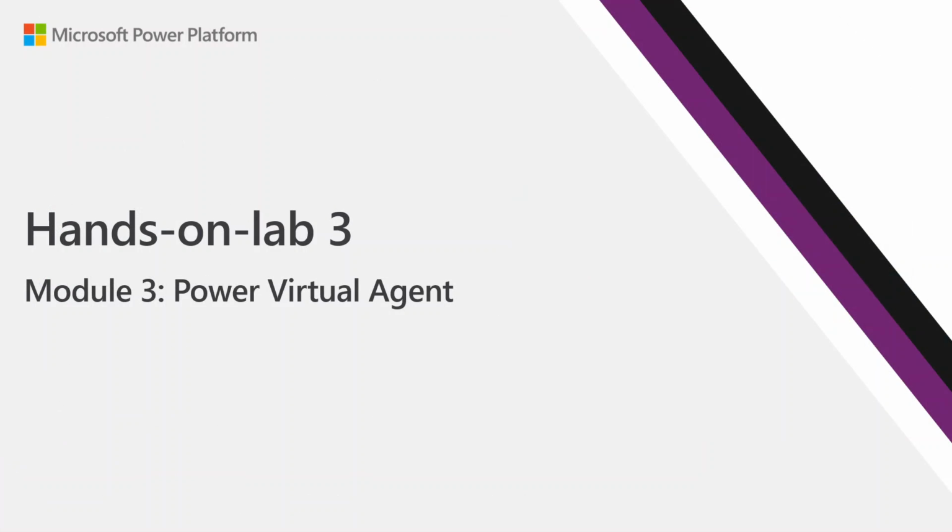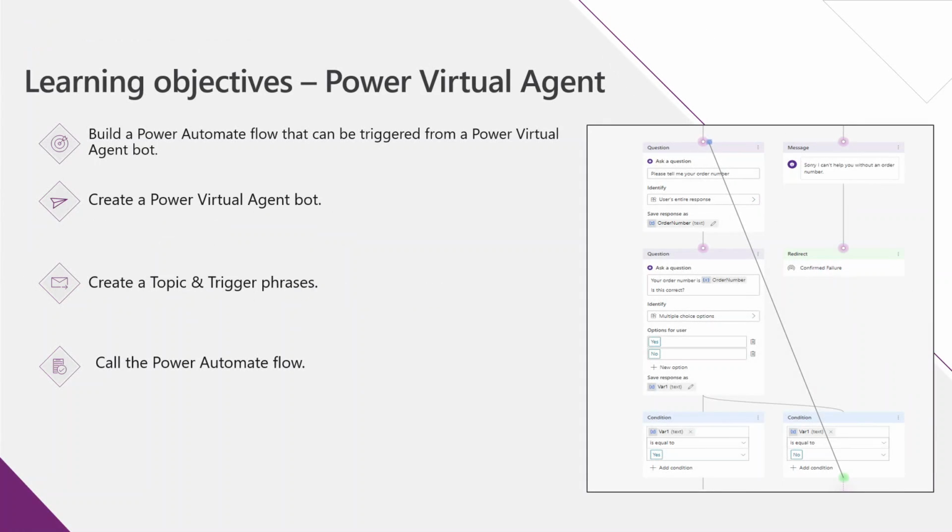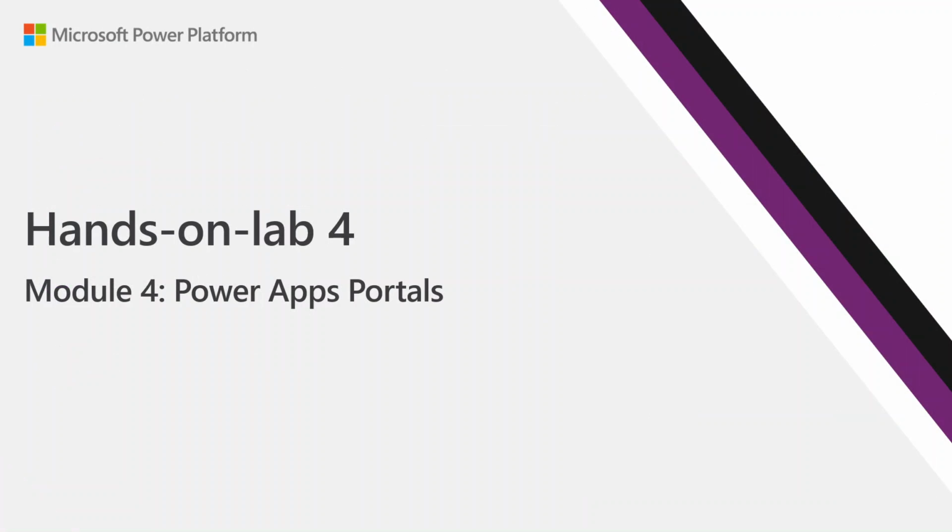Speaking of Power Virtual Agents, we will be going through and building a Power Virtual Agent using a flow. We're connecting Power Automate to Power Virtual Agents to trigger a Power Automate flow from an agent, creating topics and trigger phrases and understanding the differences, and then of course being able to surface that in Teams as well.